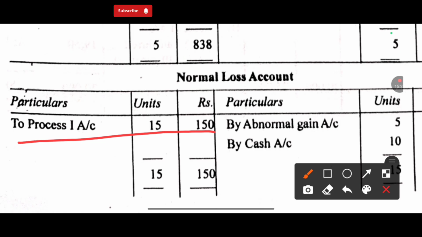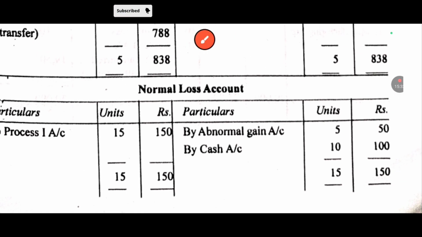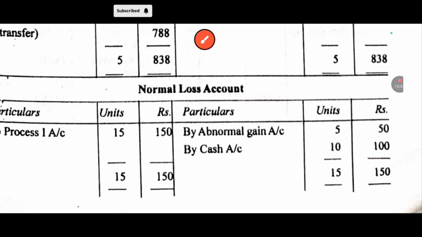But since there was an abnormal gain, right? So the abnormal gain, how much unit? We have 5 units. So that abnormal gain 5 units is calculated with the scrap value 10 rupees. You will get the abnormal gain value is 50 rupees. Entered.